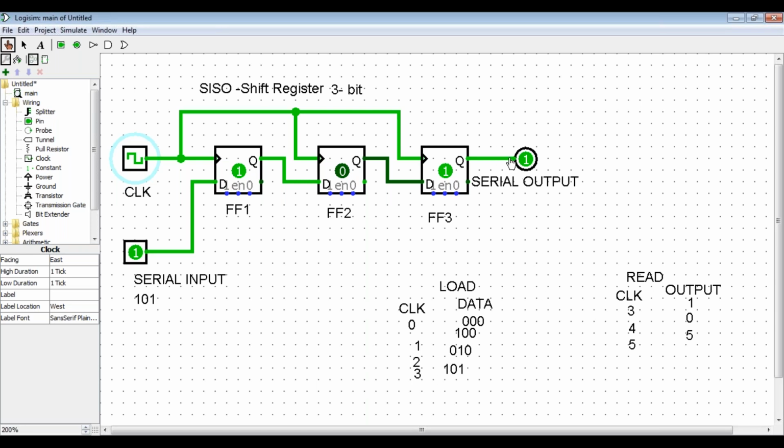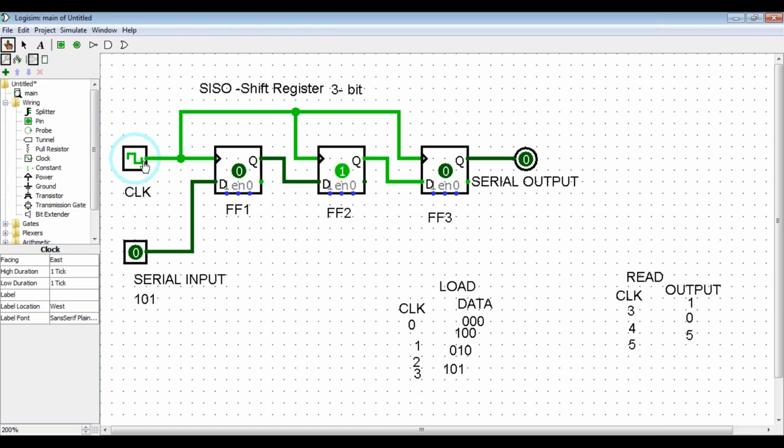Now we are going to read the output serially. For my third clock pulse itself, I will get my LSB. Then if I am applying my fourth clock pulse, I will get 0, the middle value.